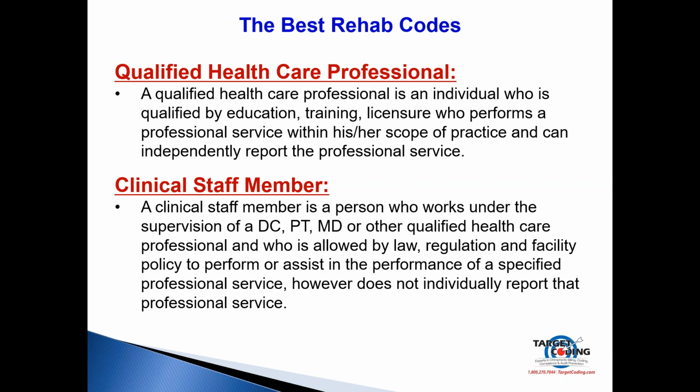So again, chiropractors, medical doctors, osteopaths, nurse practitioners, physical therapists, physician assistants are all considered qualified healthcare professionals. Clinical staff member, different. A clinical staff member is a person who works under the supervision of a chiro, a PT, or an MD, or other type of QHP, who's allowed by law to perform the service and assist in the performance of the service, however, cannot individually report the professional service.